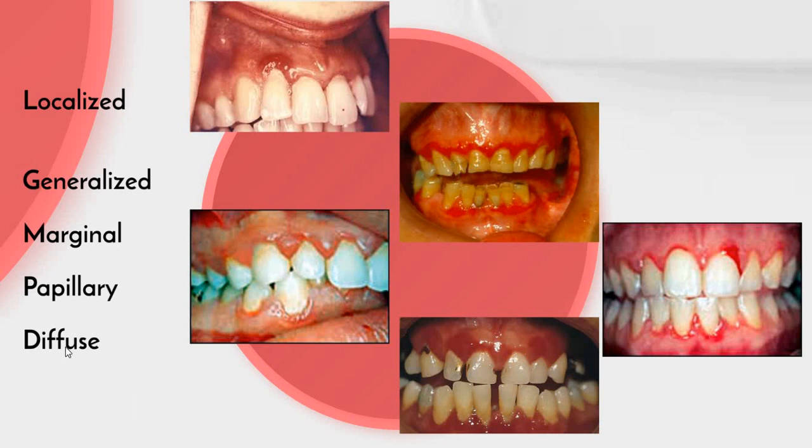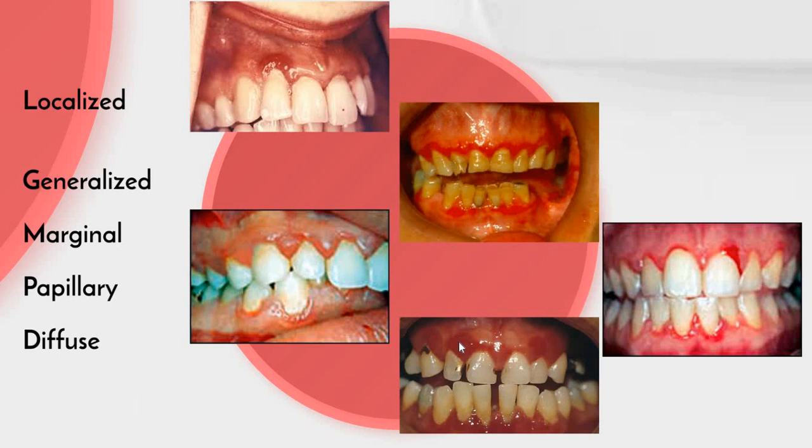In case of diffuse gingivitis, it involves the gingival margin, like you see here, the interdental papilla here, and the attached gingiva. Also the attached gingiva are all included here.